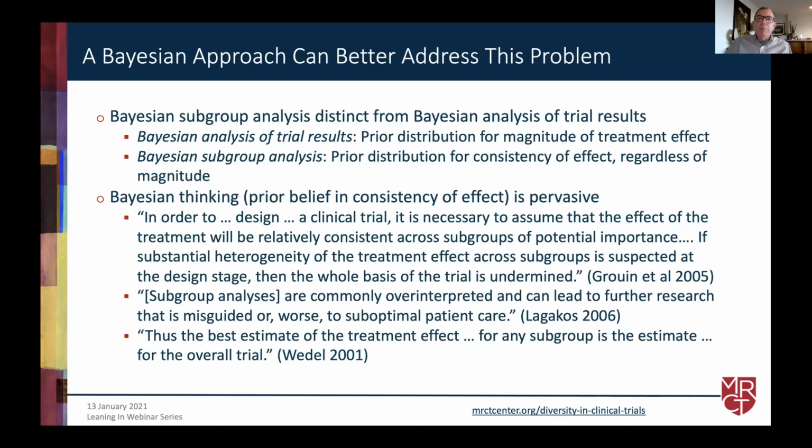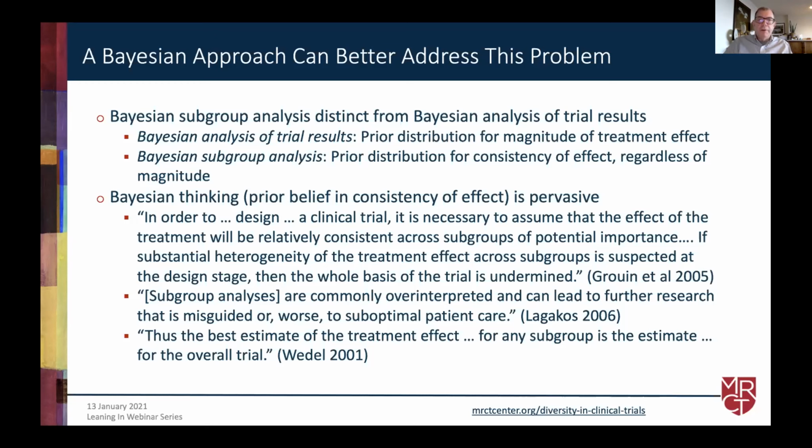A Bayesian subgroup analysis, on the other hand, doesn't require a prior for how well the drug works. It only requires a prior for how consistent the drug effect is likely to be across subgroups. And that turns out, I think, to be a lot less controversial. I won't go through the quotes that I pulled out here, but you can make a case that in this regard, everybody is a Bayesian.